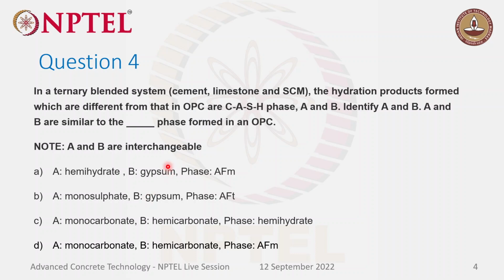Okay, let me start the timer now for a minute. Then we'll discuss the answer. You have to find the alternate hydrates formed with the ternary blended system in place of the phase that is given as the third option in all the options. Which phase?